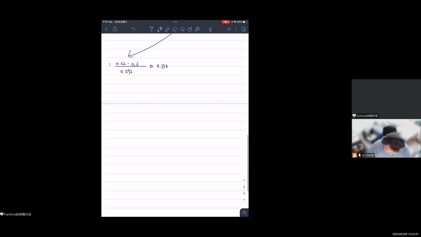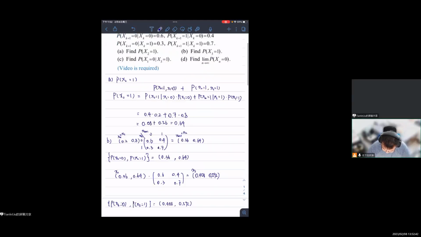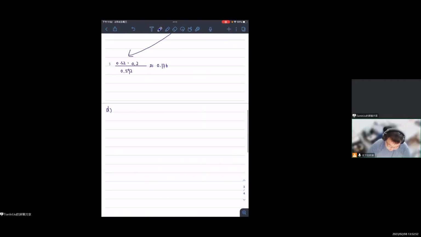Now we are facing to the last problem, the limitation. When n goes to the infinity, what's the probability of xn equals to 0? So for this problem, I will use the clues from the homework, which is this formula.